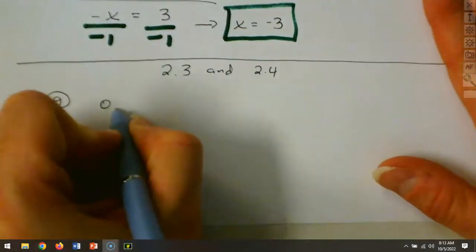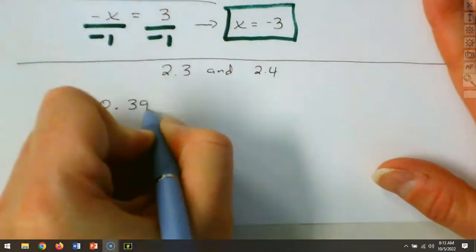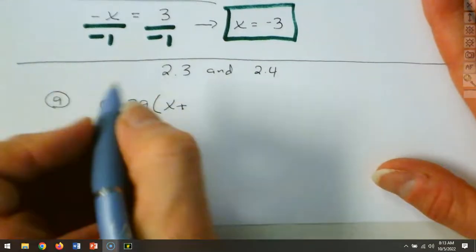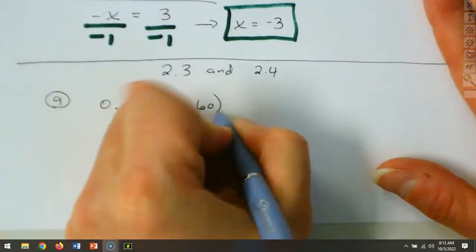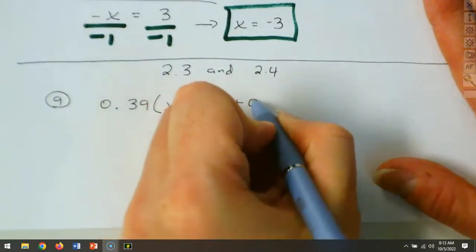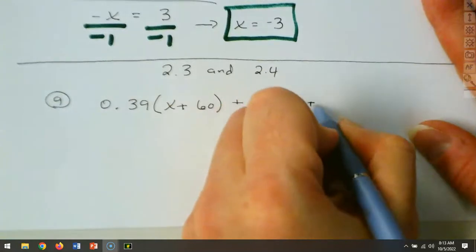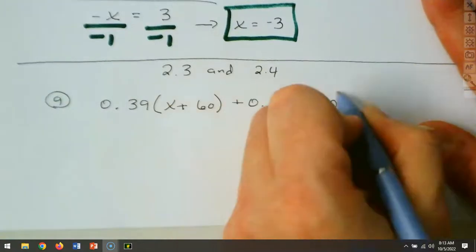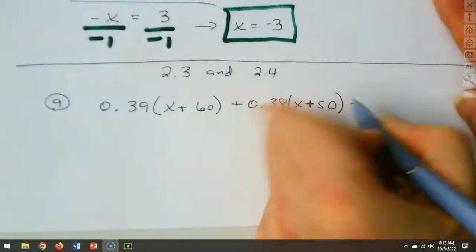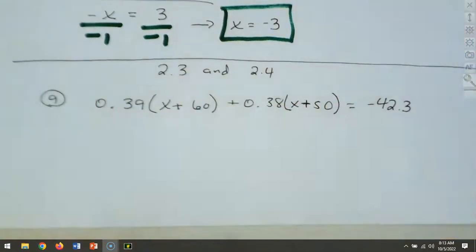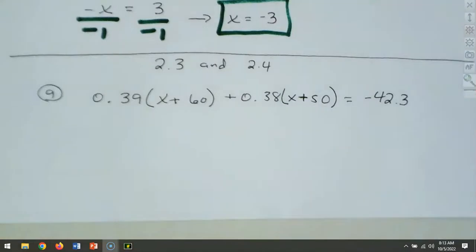What we have on question number 9 is we've got decimals. And we have parentheses. Now, when we talk about order of operations, what do we do first? Okay, before we do anything else, the parentheses have to be dealt with, right?